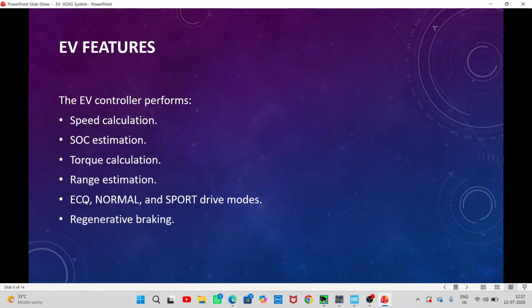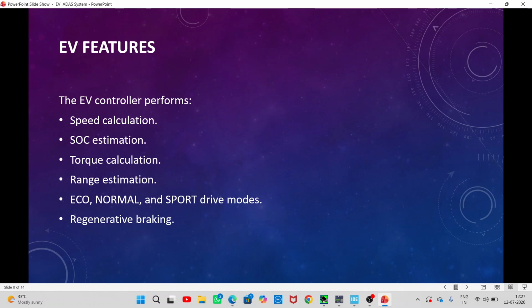Then in EV features we include 3 modes: eco mode, normal mode and sport mode. Eco mode means no battery wastage, for example when the vehicle is not moving. That comes under eco mode.